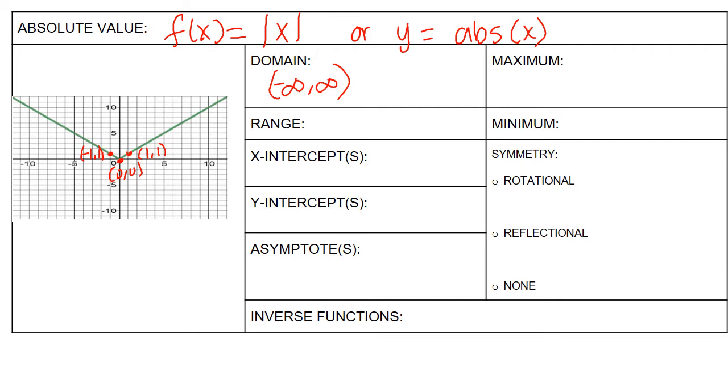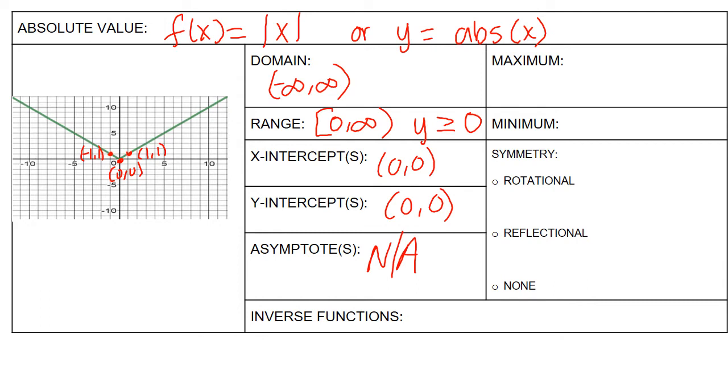My range has a starting point. I start at 0 and I go to infinity. So range is y is greater than or equal to 0. My x- and my y-intercept are both at the origin, right? So we're both at the origin. And asymptote: there's no imaginary boundary line preventing me from graphing.